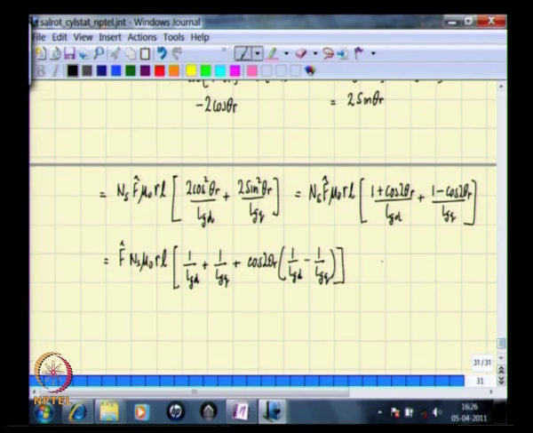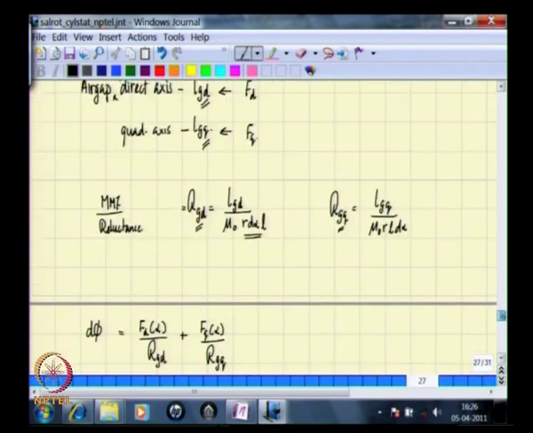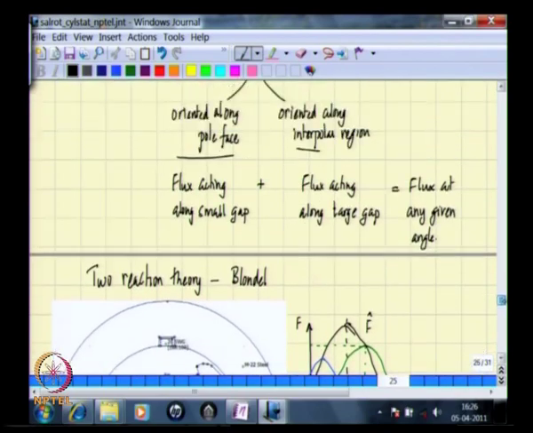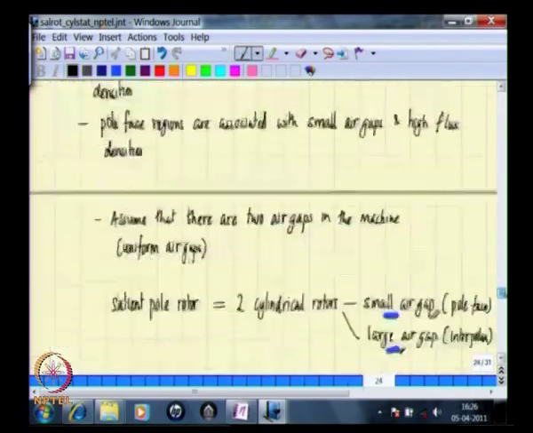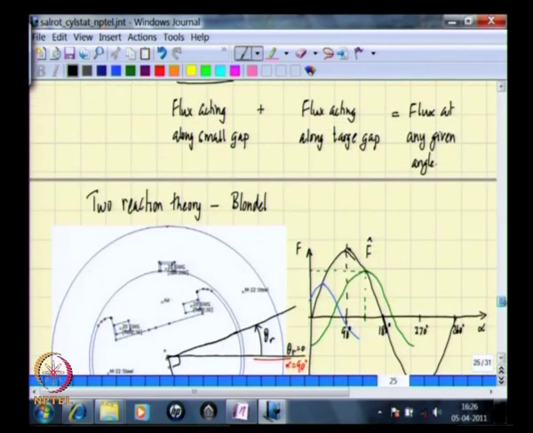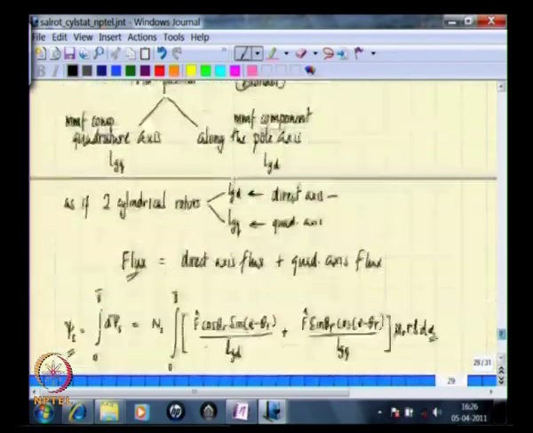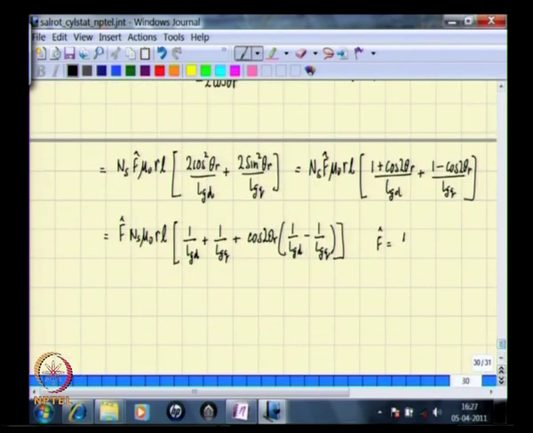f hat is given by, let us take the expression from the earlier derivations. We have taken a peak f hat, which is the sinusoidal fundamental of the actual MMF distribution. So, f hat is nothing but 4 by pi into ns is by 2.